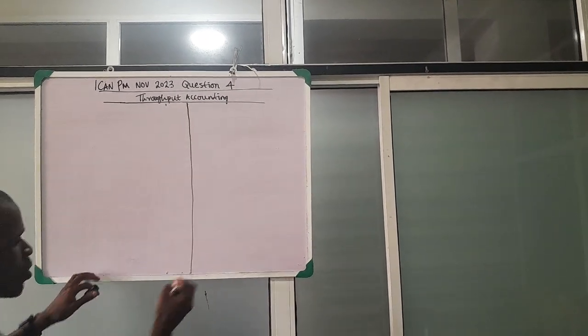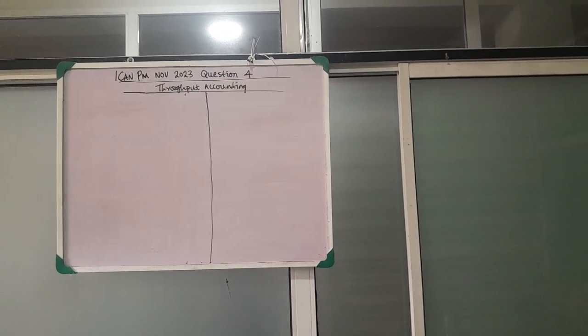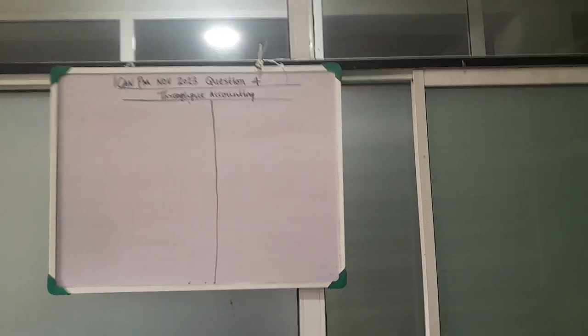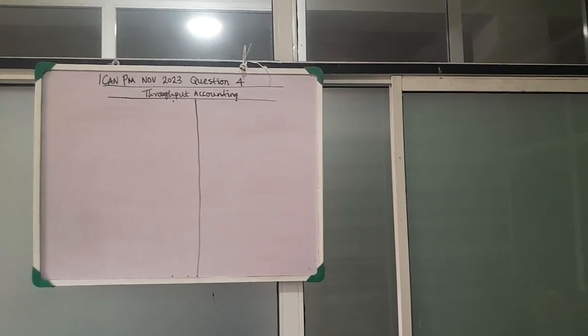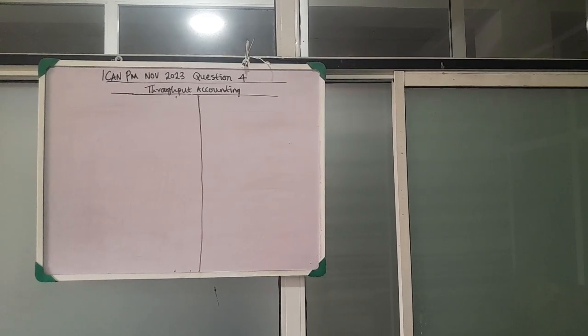So they want us to compute the throughput accounting ratio. To compute the throughput accounting ratio, recall what we said, that throughput will consider just the material cost, or the direct material cost. What we'll need to do first is to calculate the return per factory hour.